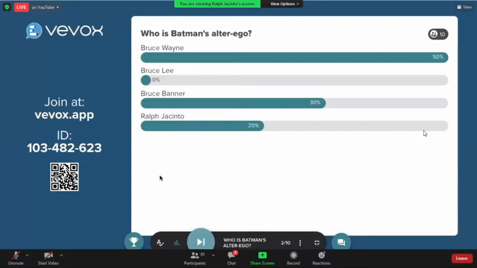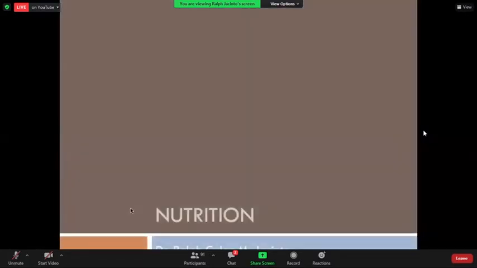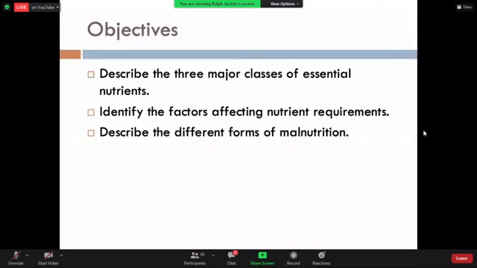We'll be back with the Vivox app later on. Okay, so for today you will have your nutrition. The objectives are to describe the three major classes of essential nutrients. Basically this is a review of what you have learned previously. When we talk of the essential nutrients, these are your carbohydrates, lipids, and proteins coming from the diet.